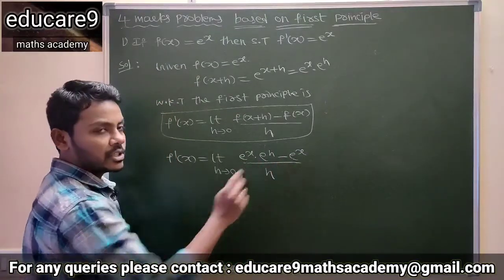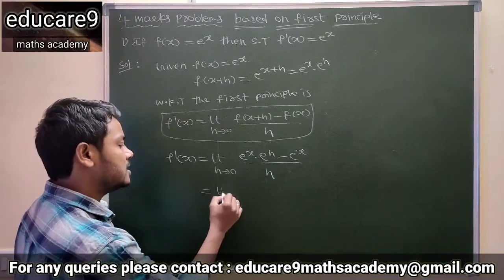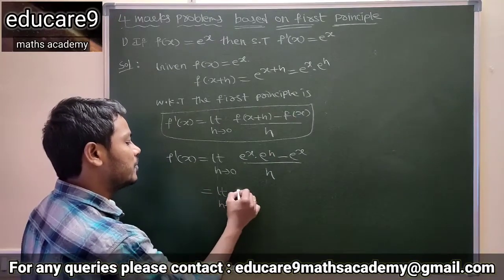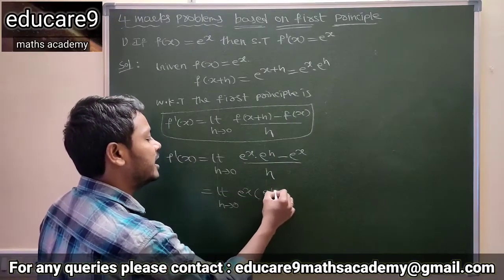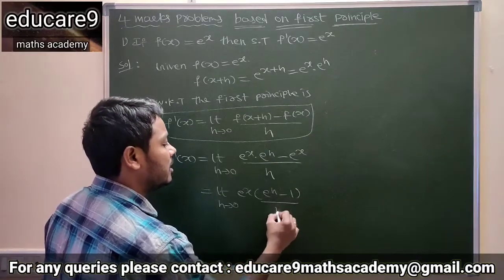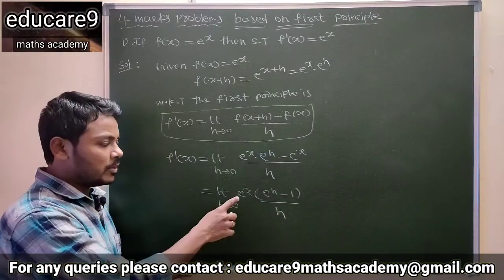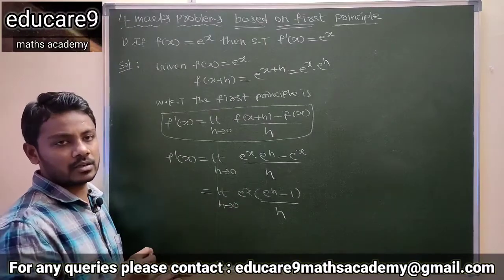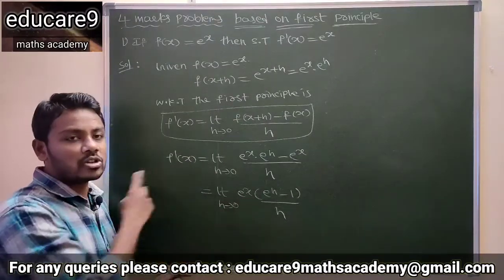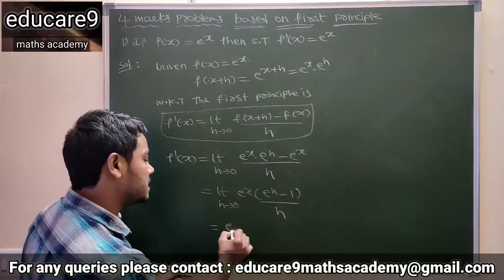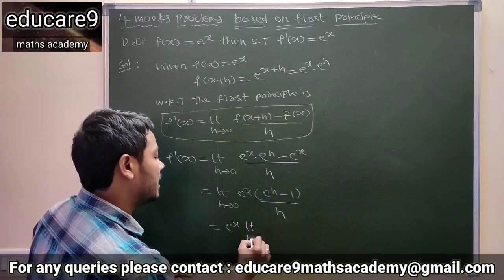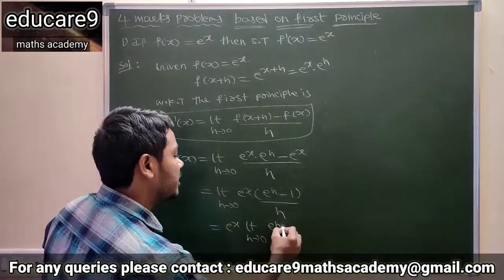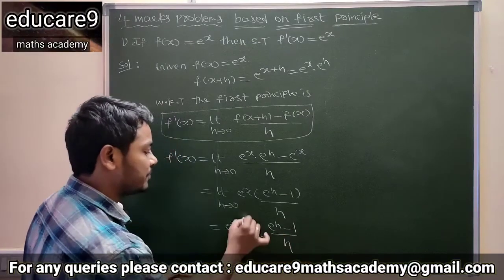In both terms e power x is common. This is limit h tends to 0, e power x is common, you will get e power h minus 1 by h. Here e power x does not depend on the limit, so write e power x outside the limit. So this is e power x into limit h tends to 0 of e power h minus 1 by h.